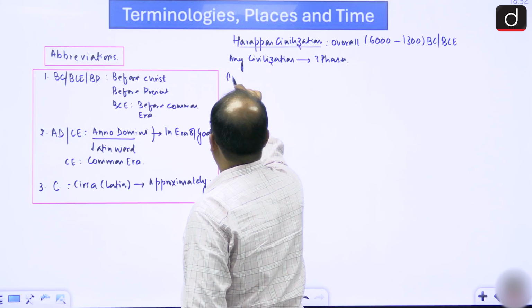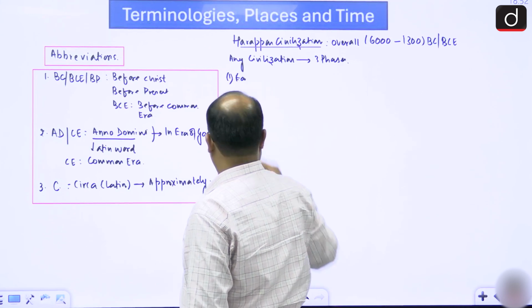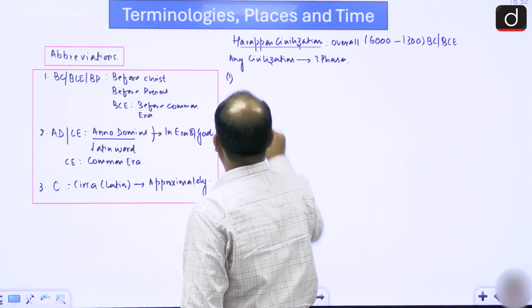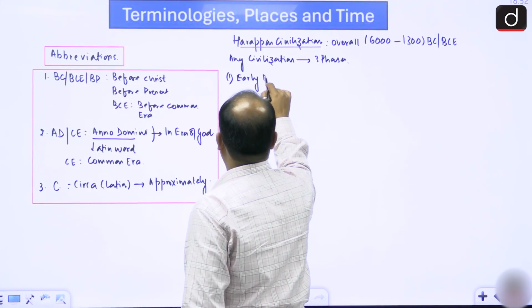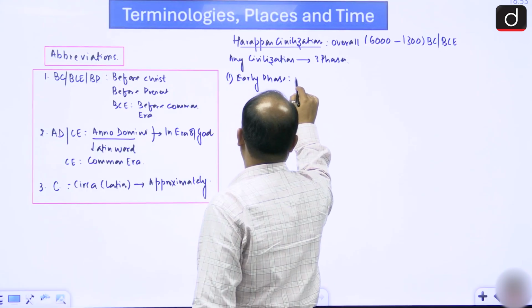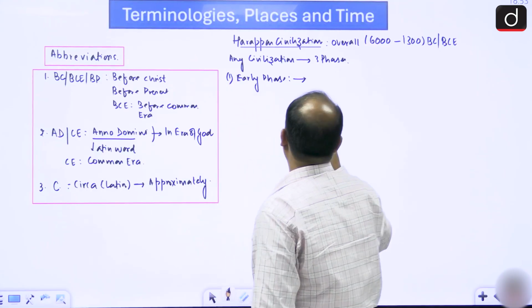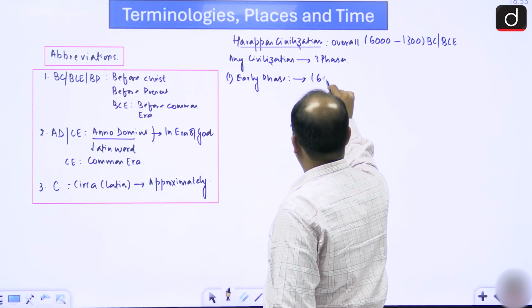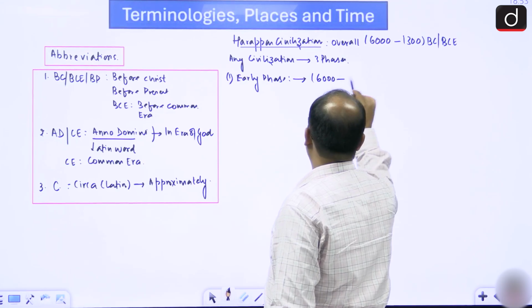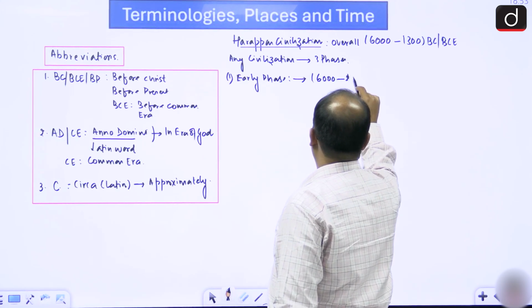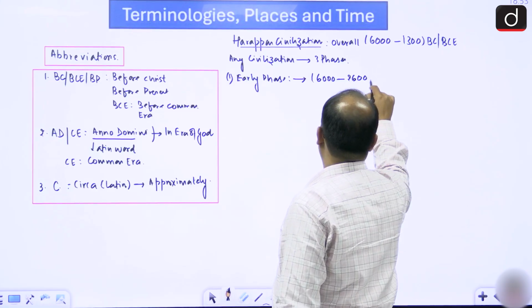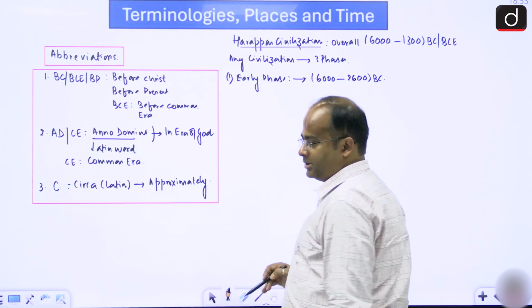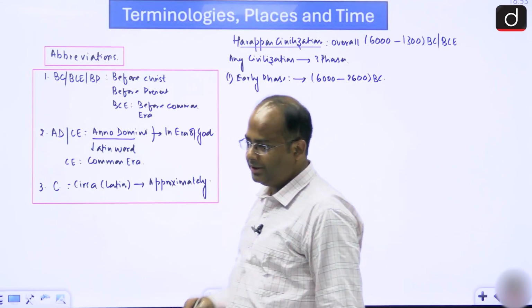First is called the early phase. When this civilization is about to start, the early phase starts from 6000 to 2600 BC.